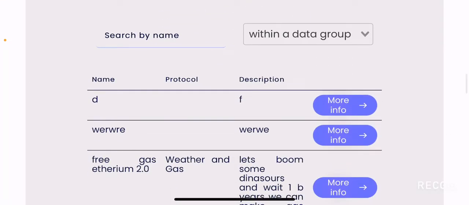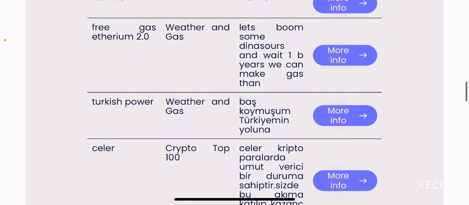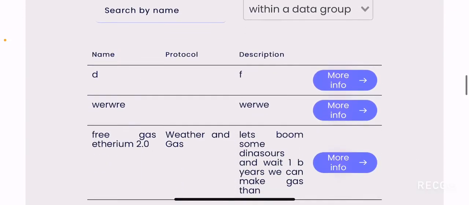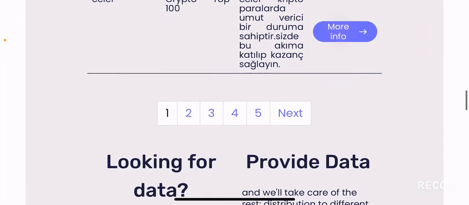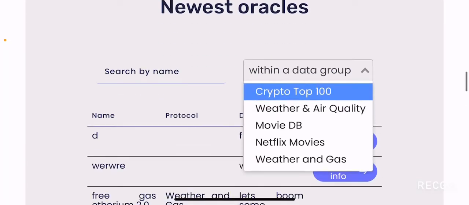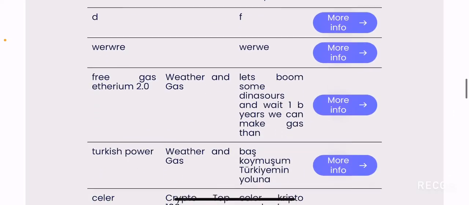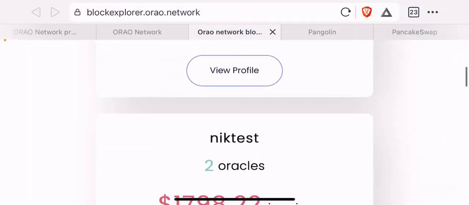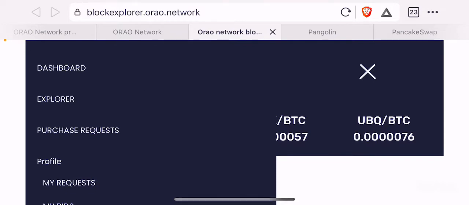They are basically participating in the network and providing reliable data feeds. You can also sort out information based on your required category. You can sort it out for weather and air quality, Netflix movies, weather and gas, and crypto top 100. That information is also fed in. So again, a very nascent project which has a high potential to grow as Polkadot itself continues to grow.